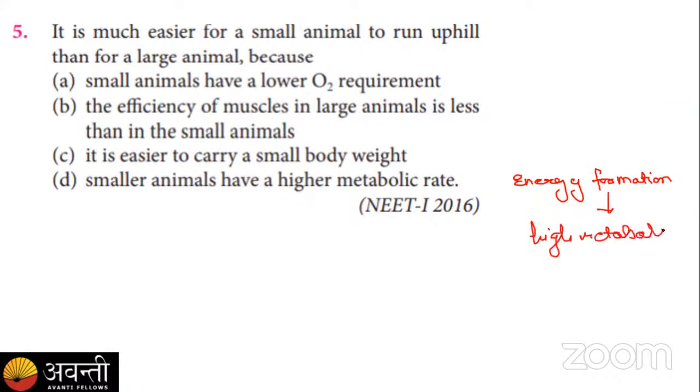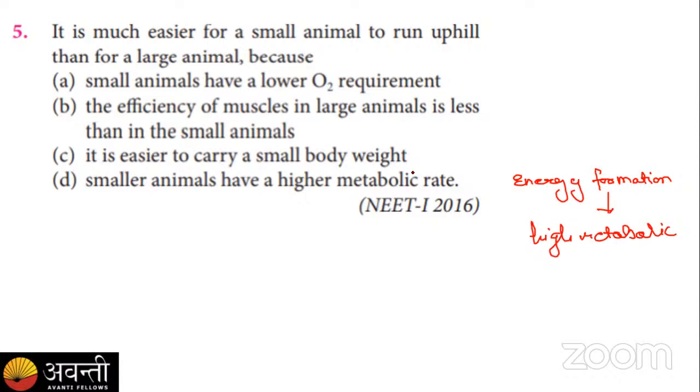So a high metabolic rate is the main reason behind small organisms running uphill faster as compared to larger animals, because as the complexity of an organism increases, the metabolic rate slows down. So we can say option D among the 4 is the correct answer, which says smaller animals have a higher metabolic rate.